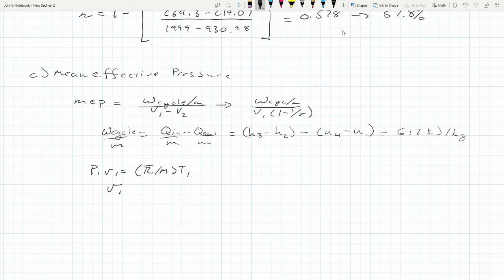So V1 is equal to 831.4 newton meters over 28.97 kilograms, times 300 Kelvin, divided by the pressure.